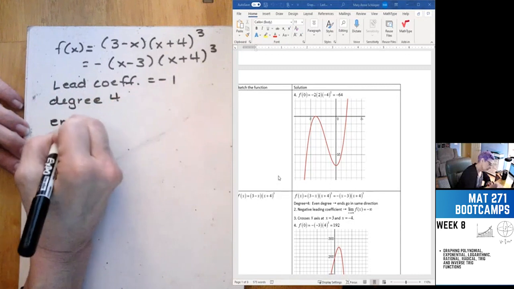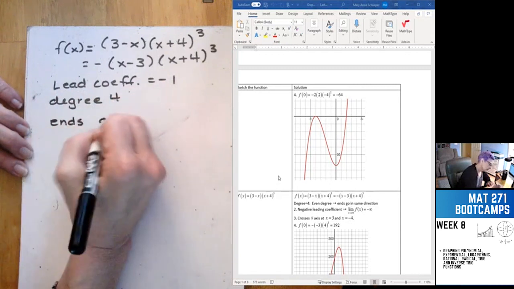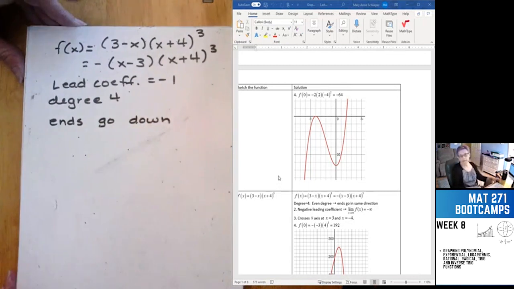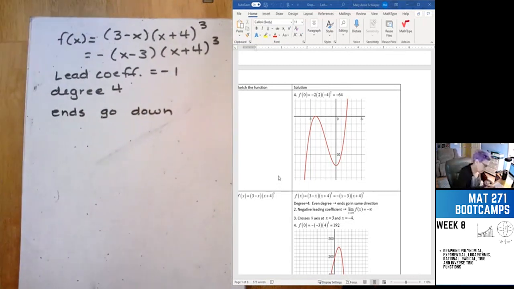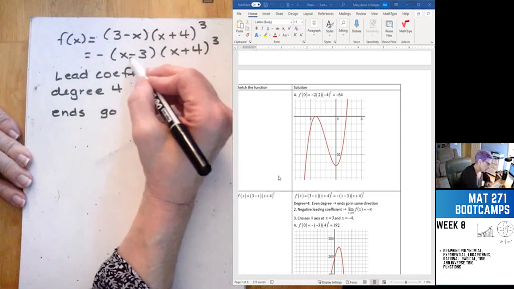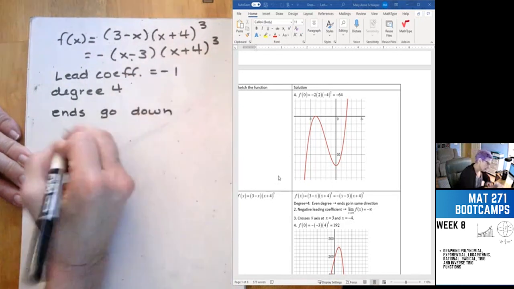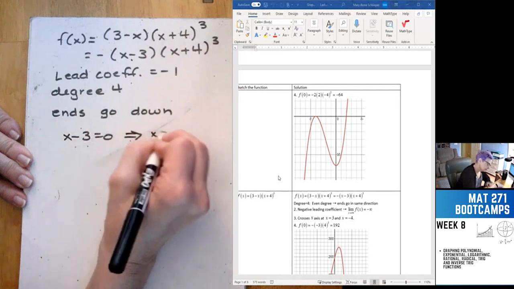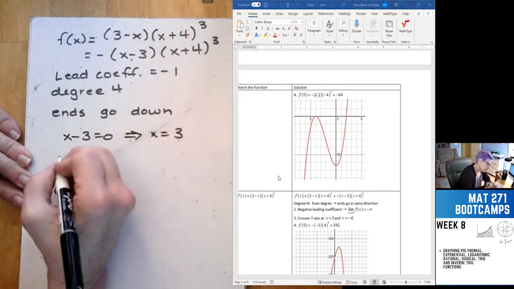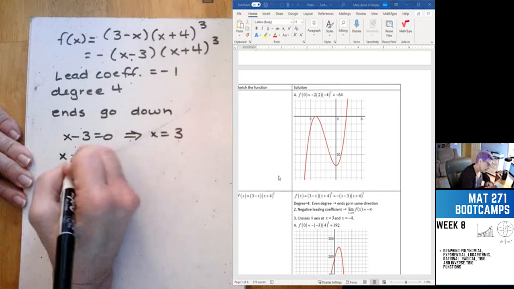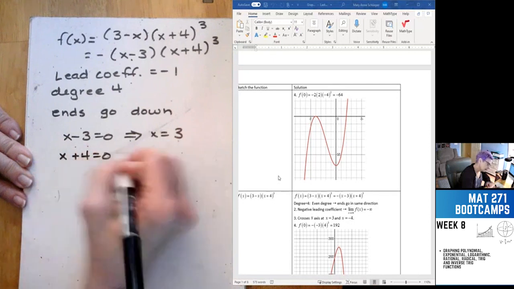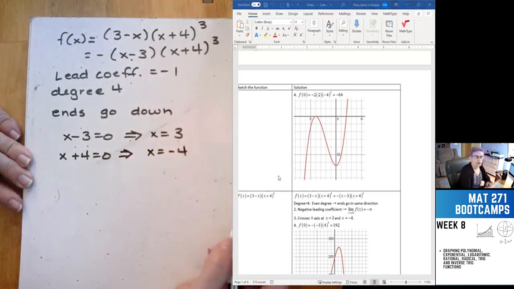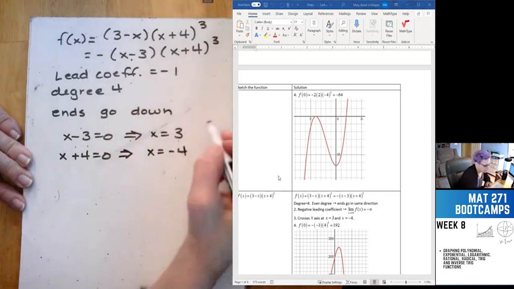So both ends go down. It crosses the x-axis at x equals 3, and it crosses the x-axis at x equals -4.